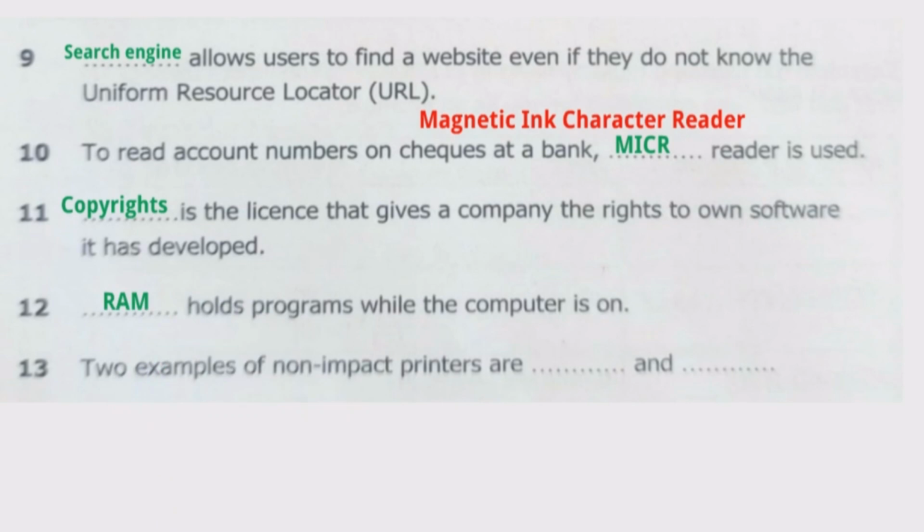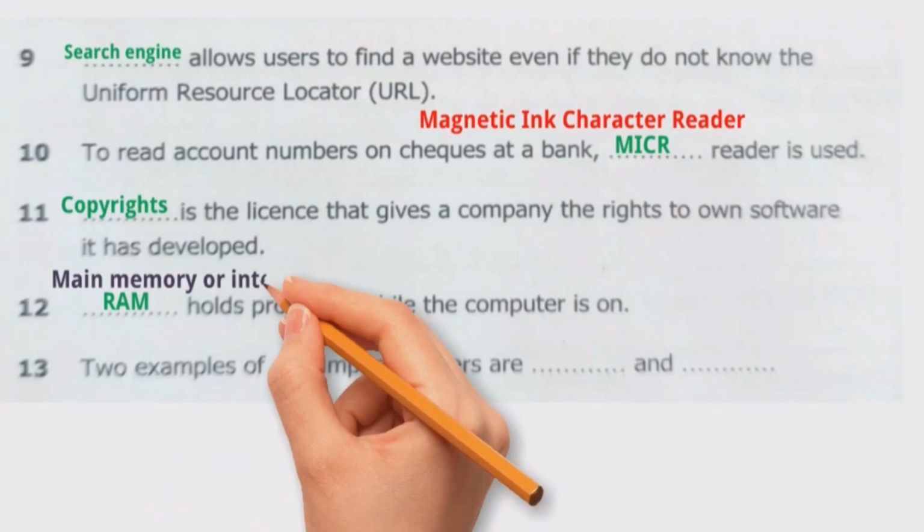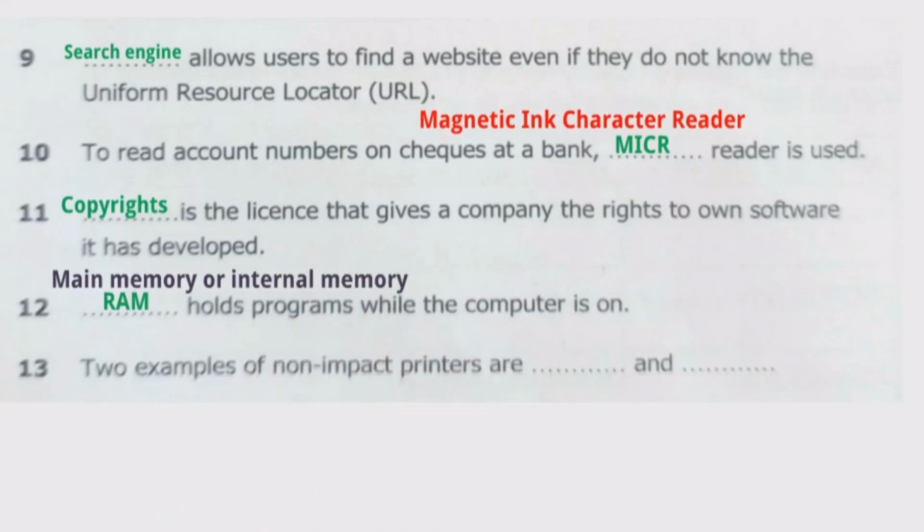In the first question, we are asked to write the meaning of RAM, which is random access memory. The other alternative answers that can be marked are main memory, as well as internal memory. So when you talk about main memory, internal memory, and RAM, they are similar, and they will earn you a mark if you write any of the three answers.